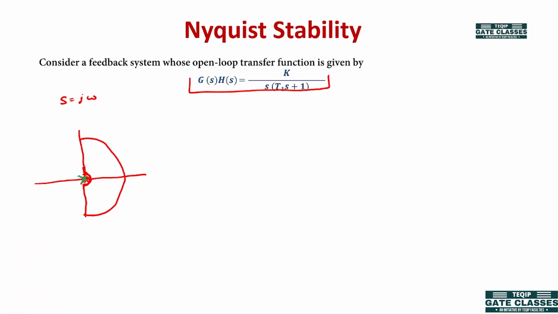say this is our pole at the origin, that is S equal to 0, ω equal to 0. Now we will omit this point, as it becomes the singular point for this open loop transfer function. So our new Nyquist contour would be this one, where this is r e to the power j theta, where r tends to 0.